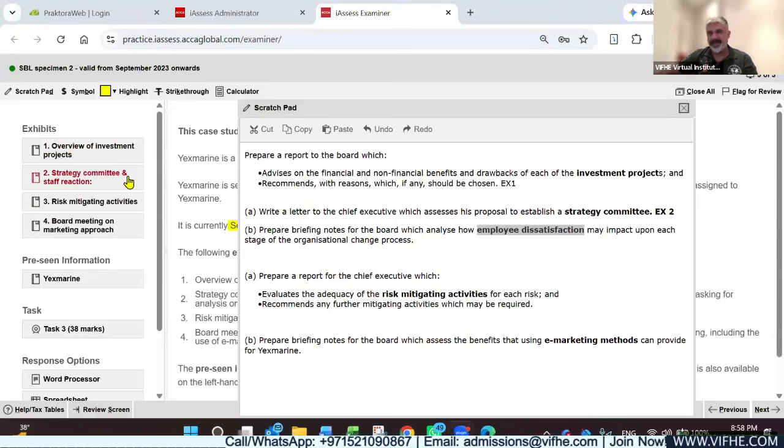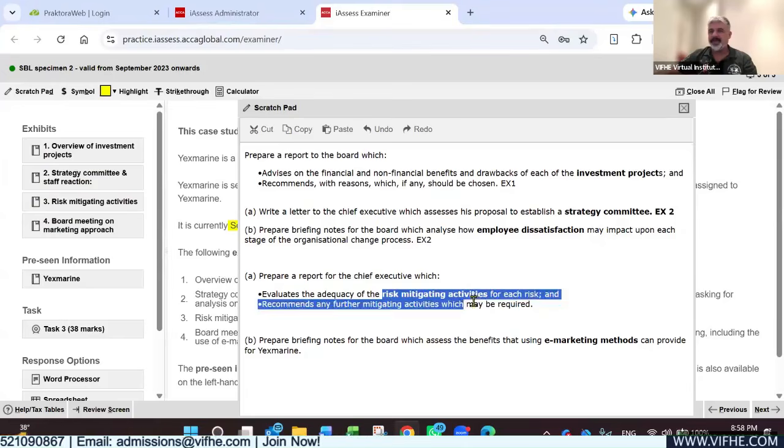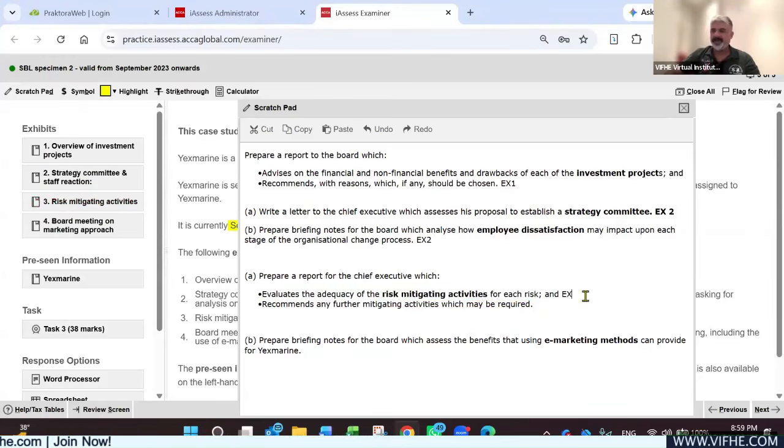Yeah, this one is strategy committee and staff reaction. So staff means employees, right? So I think this is exhibit 2 as well. Is there any exhibit on risk management or risk mitigation? Straightforward, this one. Exhibit 3. Any exhibit on marketing or e-marketing? Marketing, exhibit 4. Done.